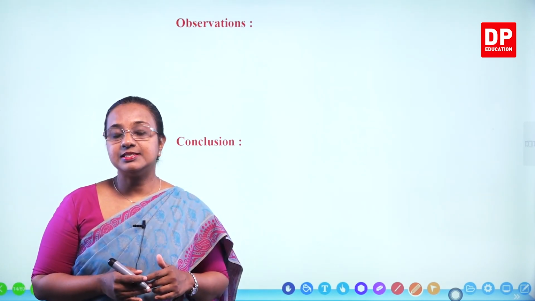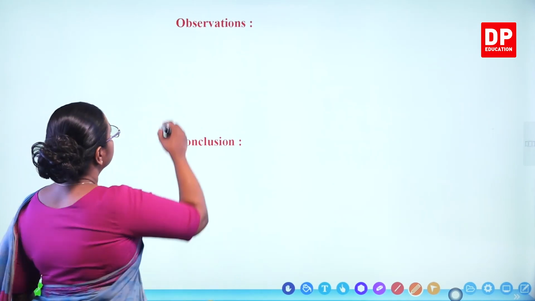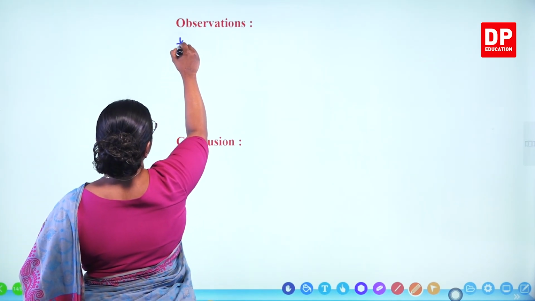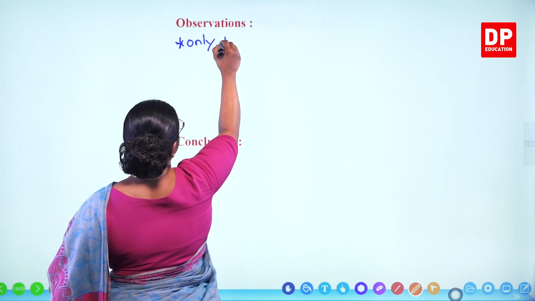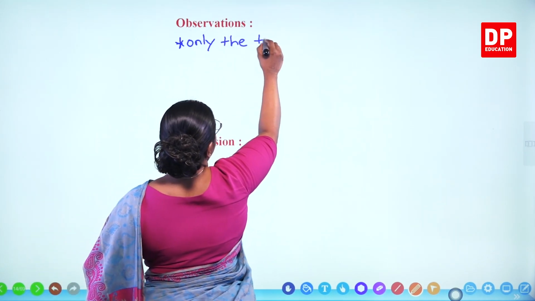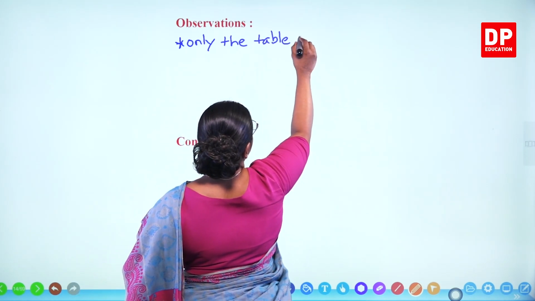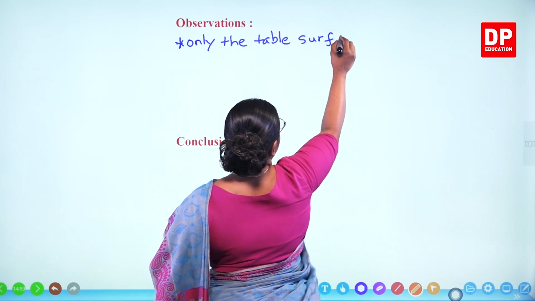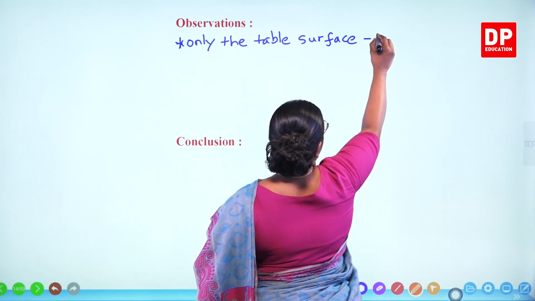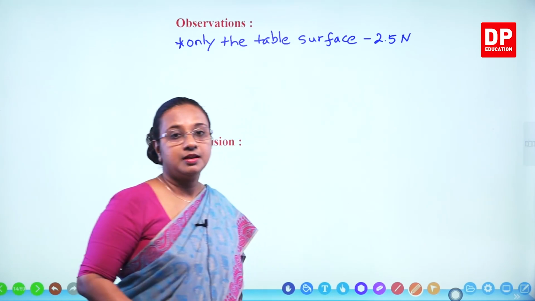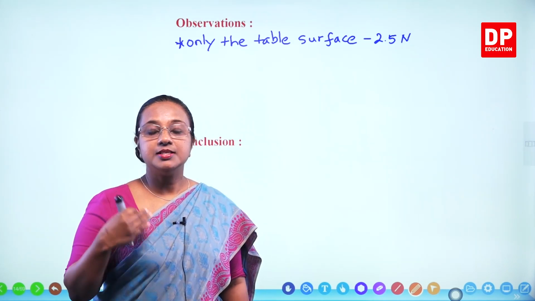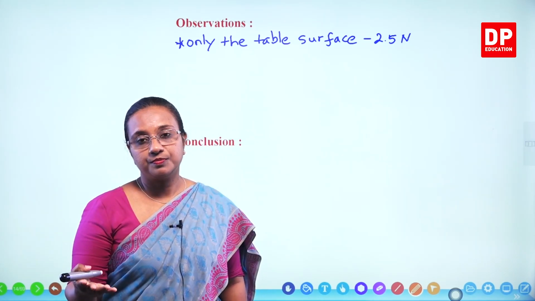So that is the first observation. So I will write down the first observation. Only the table surface, we needed 2.5 Newton when the block just started to move.